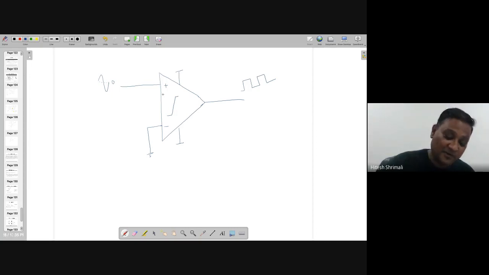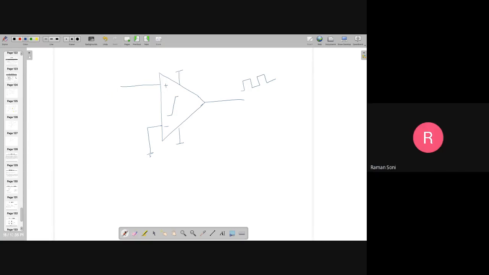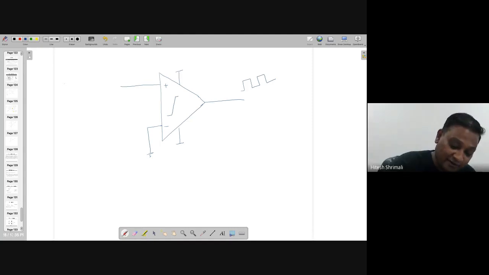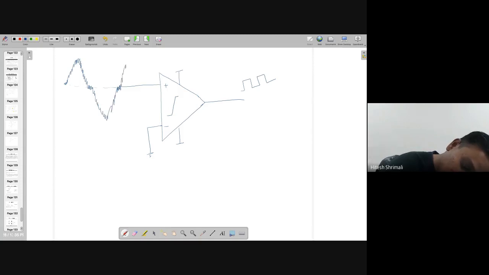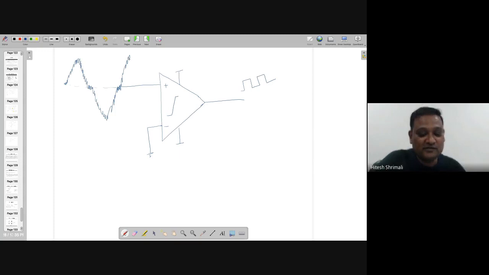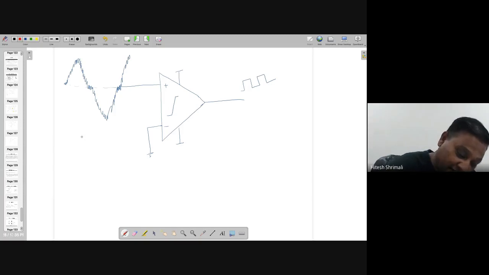Look, the problem here, let's assume that my input does not look like this one. My input looks as follows. Look at this, this is an interesting input I am going to give. You must have seen such kind of input on a real oscilloscope, right? So how will the output look like?